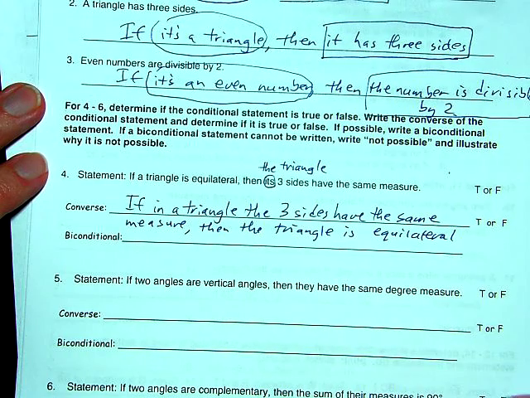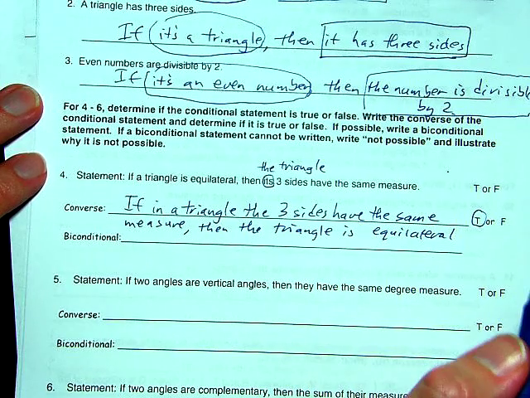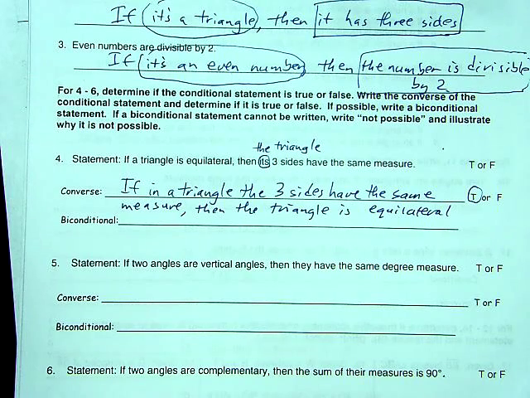Is that true or false? Well, we didn't exactly get into triangles yet, but I assure you that you may know this already, and that is a true statement. If in a triangle the 3 sides have the same measure, then it is equilateral.